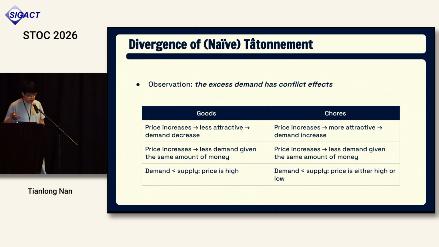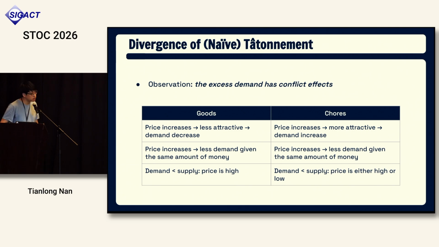On the other hand, because the per unit price increases, given the same amount of money, the demand will also decrease. So the two forces are in the same direction. In this case, you will say, oh, the demand is larger than the supply, the price is too high, and I want to decrease the price.